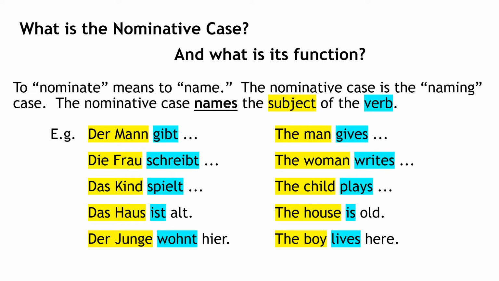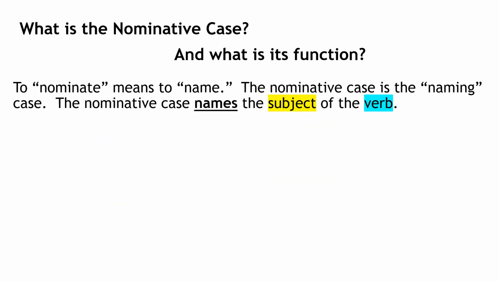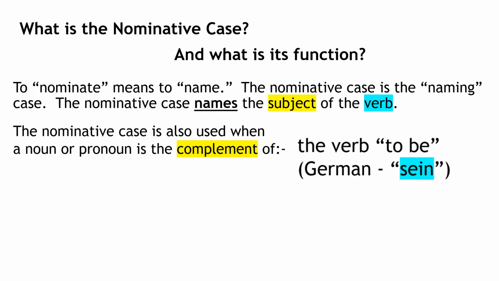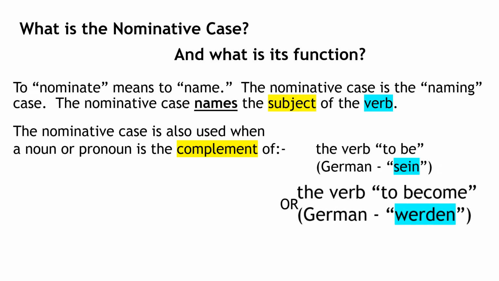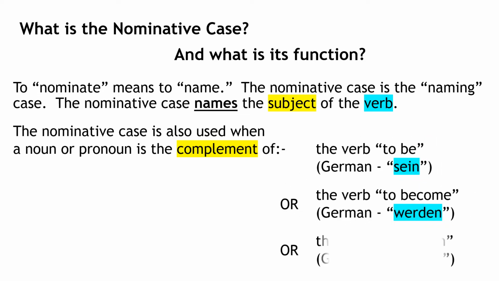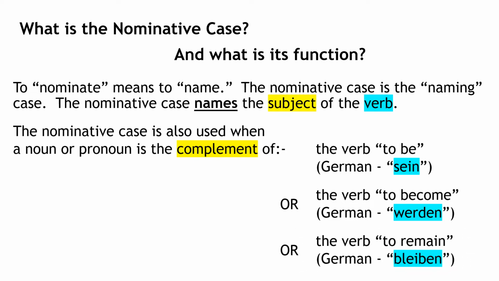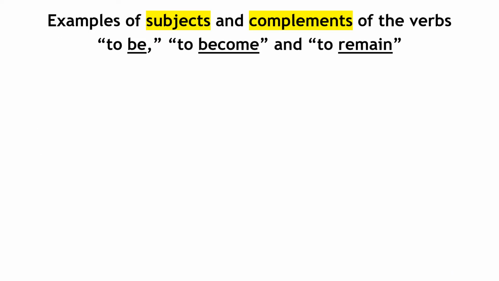The nominative case is also used when a noun or pronoun is the complement of the verb to be, or the verb to become, or the verb to remain. Let's look at a few examples of subjects and complements of the verbs to be, to become, and to remain.